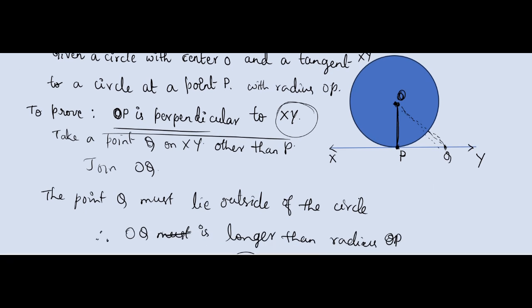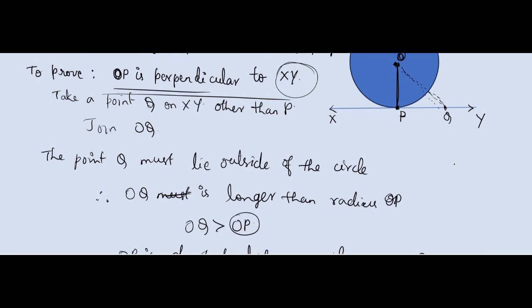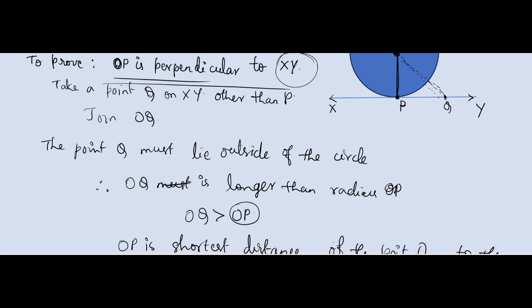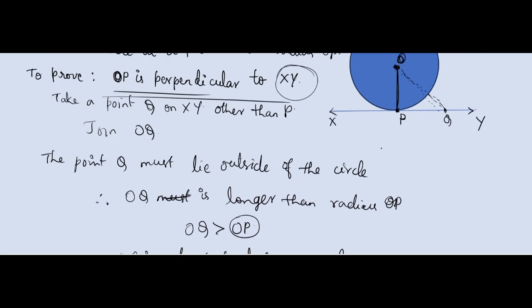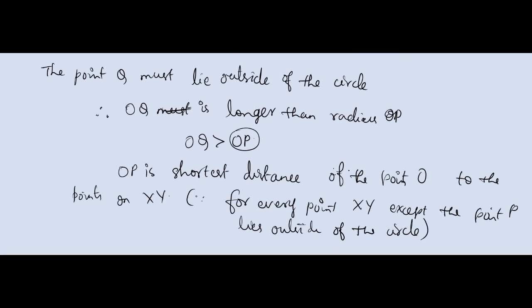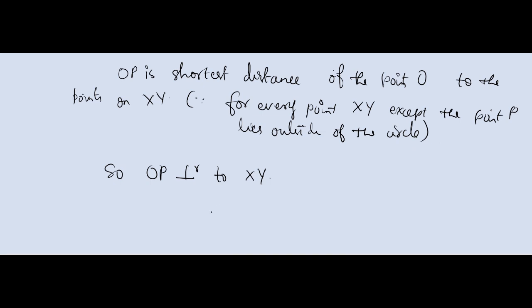Points outside of this circle mean OQ should be greater than the radius OP. So all the points which lie on this tangent XY will be greater than this OP. So OP is the shortest distance, and shortest distance means OP is perpendicular to XY. Hence proved.